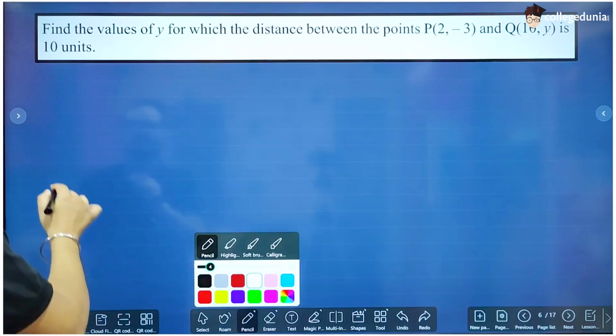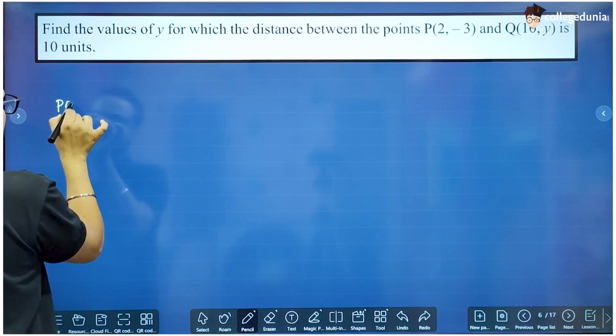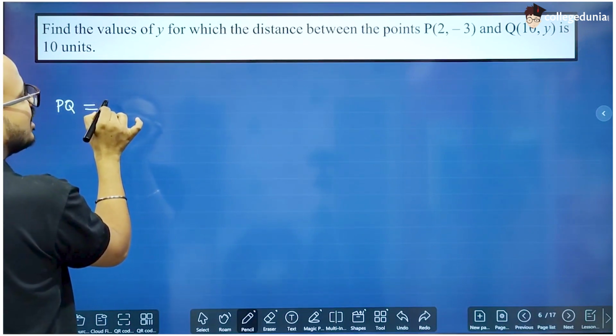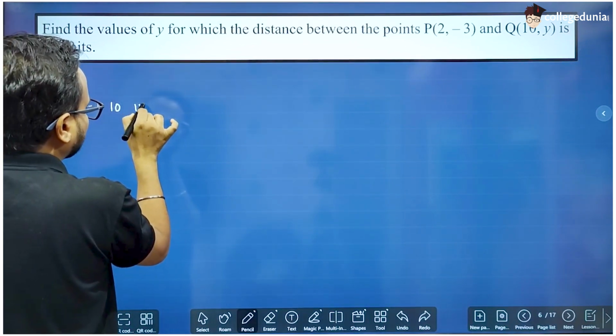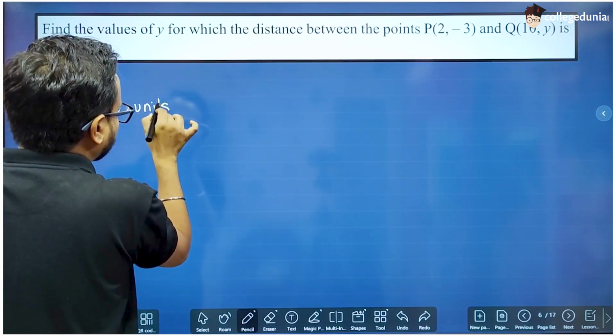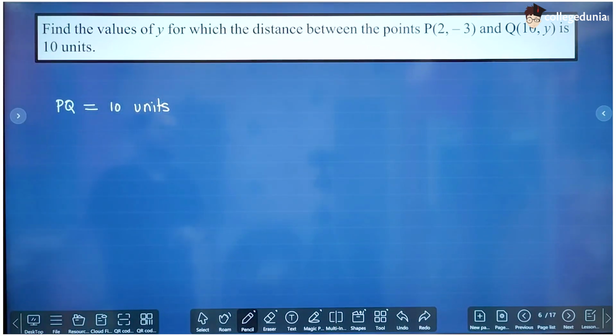So the distance between P and Q is 10 units, right? Distance between P and Q is 10 units.